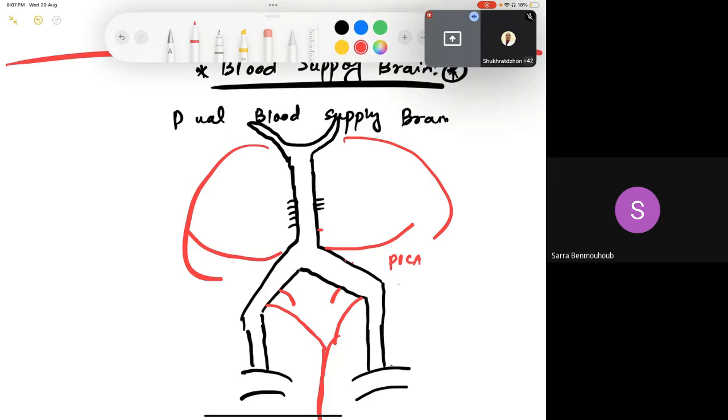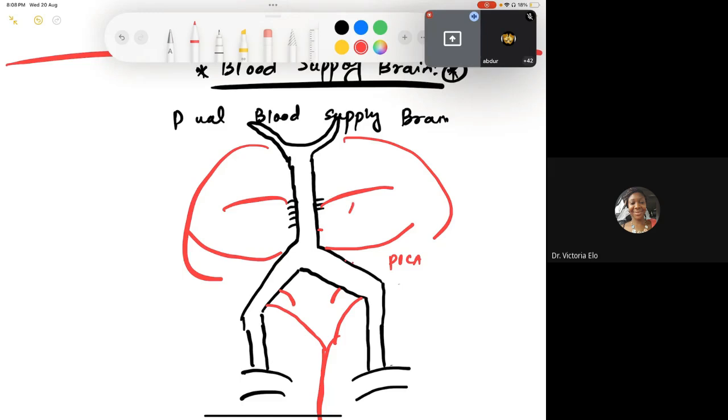So this artery is going to supply which aspect of your cerebellum? You can simply imagine the posterior inferior aspect of your cerebellum, right? The posterior and inferior aspect of the cerebellum is going to be supplied by PICA. That's so simple, right?